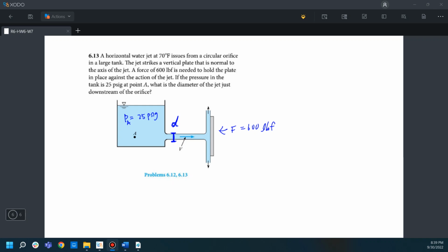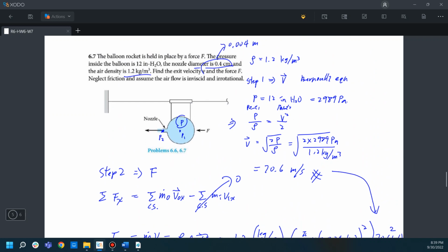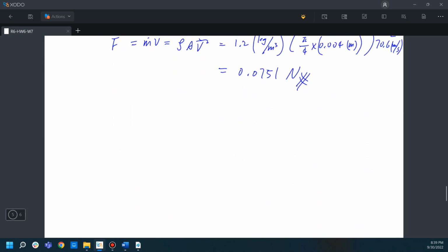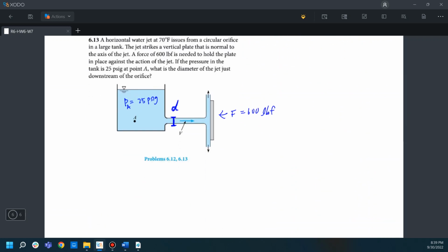When you look at this diagram a little bit longer, you will find they actually have a similar concept to the three previous questions. It's so similar, right? So the idea will be the same. You use the Bernoulli equation to solve the velocity at this outlet, at this nozzle, and then you apply the momentum equation to build the relationship between that water jet and the force given by the problem.